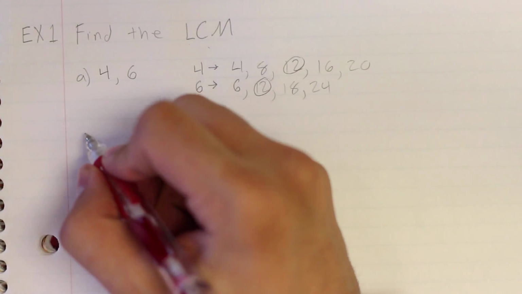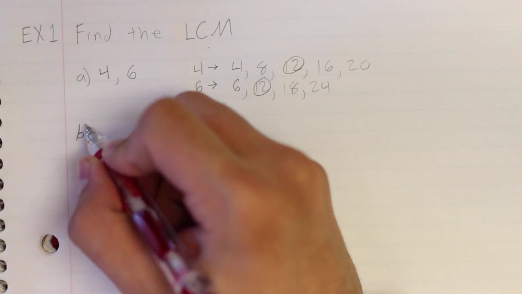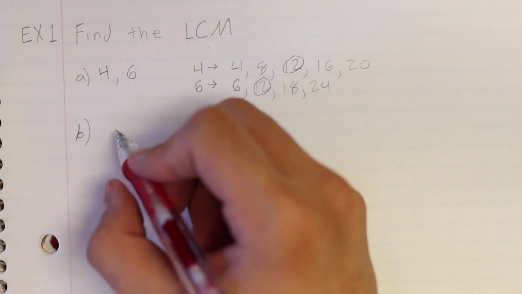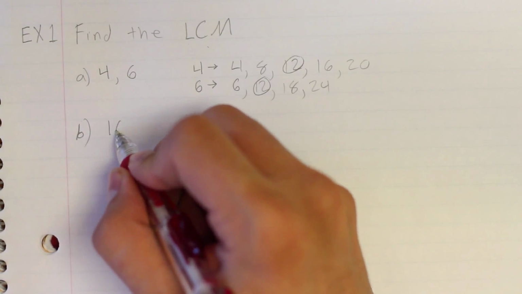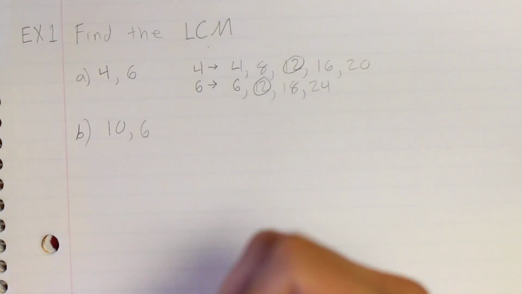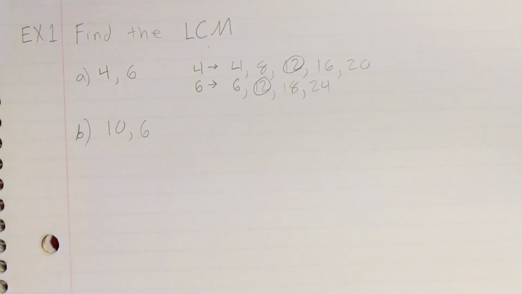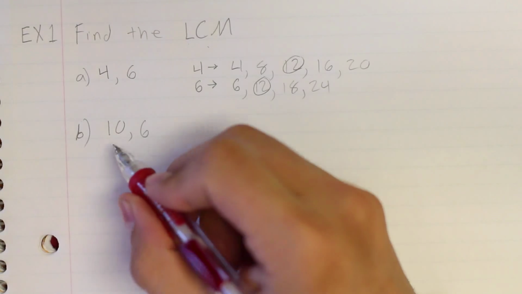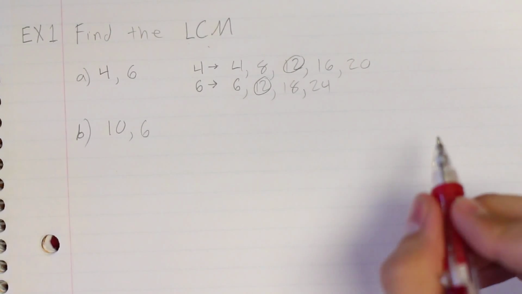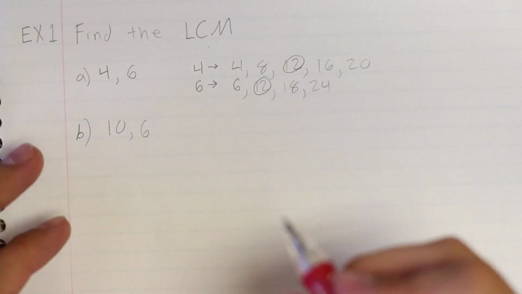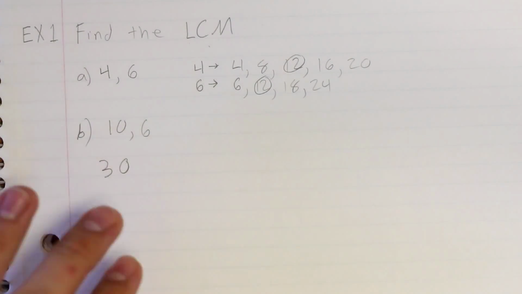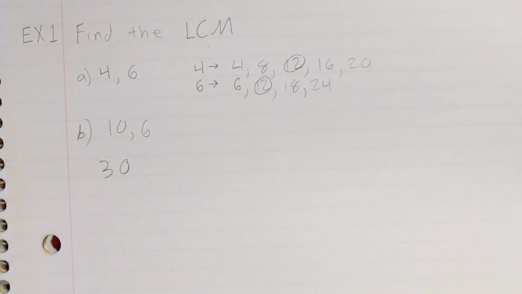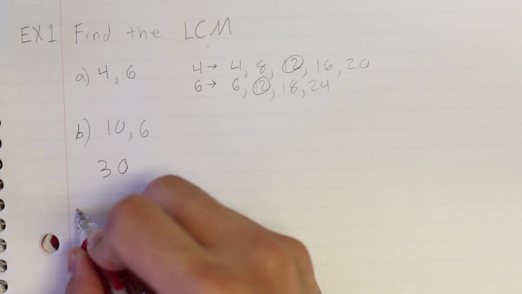So let's say we had another example, my B right here, and let's say you were given something like 10 and 6. Well, the LCM for this, if you make the list out for yourself, you would find that it's 30, okay? And let's do one more.